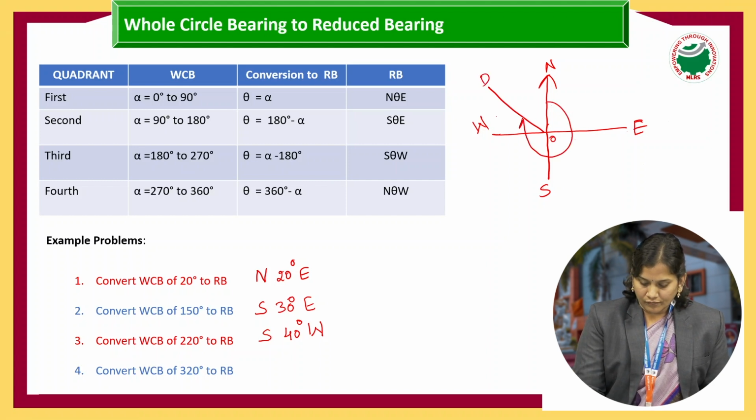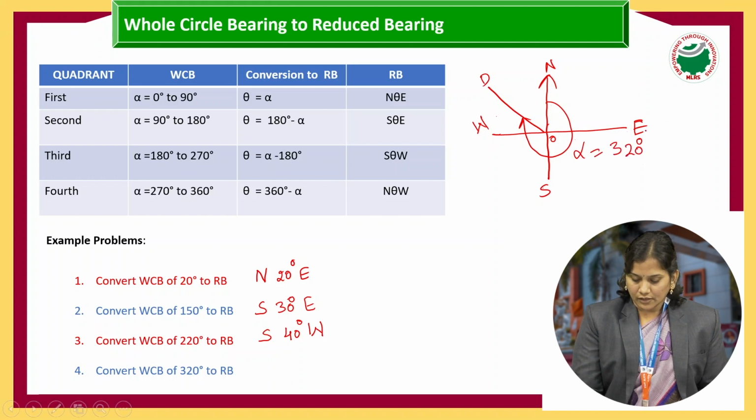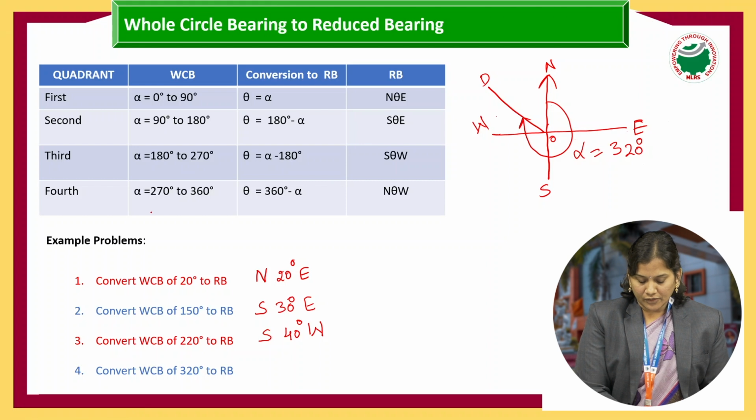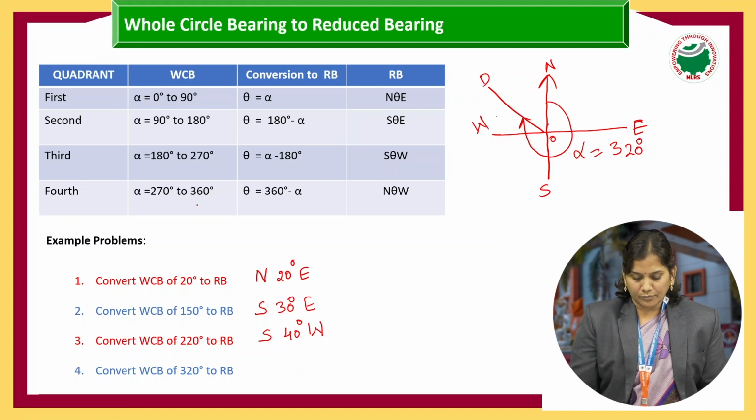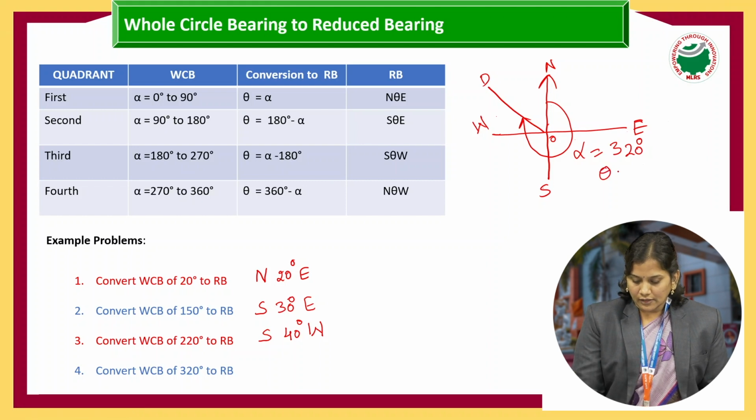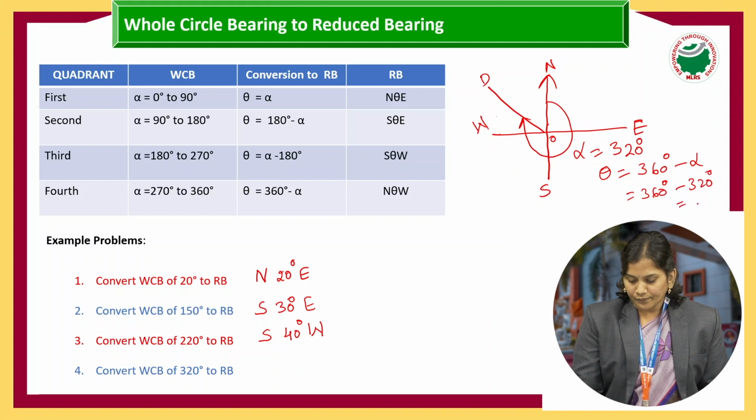Whole circle bearing alpha is given as 320 degrees. Now, when alpha is in between 270 to 360, from the table you can see theta equal to 360 degrees minus alpha, that is 360 degrees minus 320 degrees, that is equal to 40 degrees.